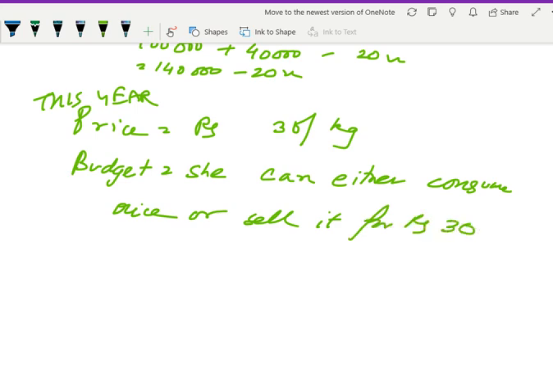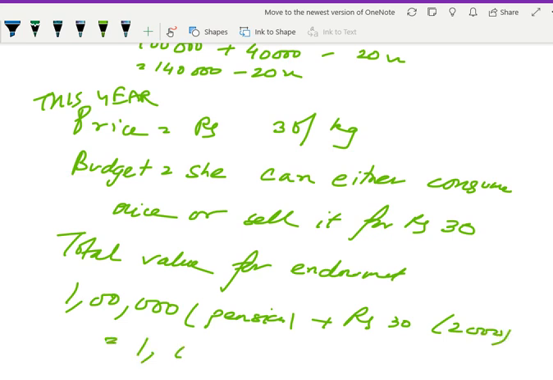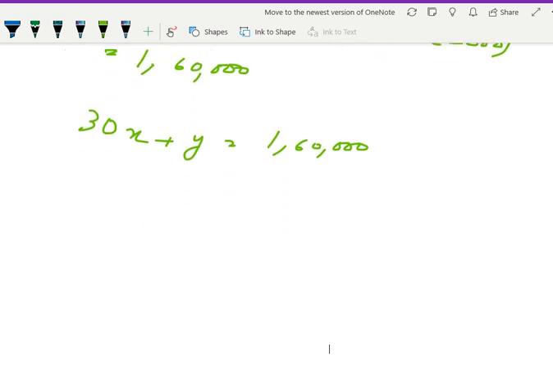So the total value of her endowment will be 1 lakh, that is the pension, plus rupees 30 multiplied by 2000. So that is rupees 1,60,000. Her budget constraint becomes 30x plus y is 1,60,000. Now comes the new idea.